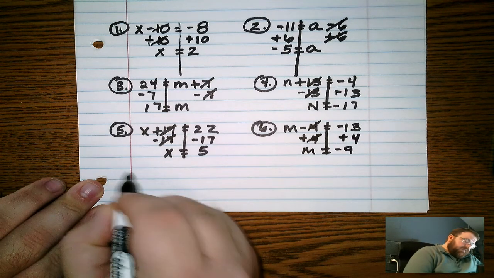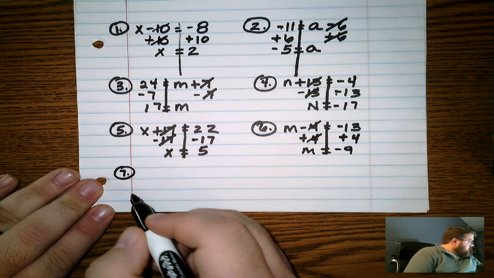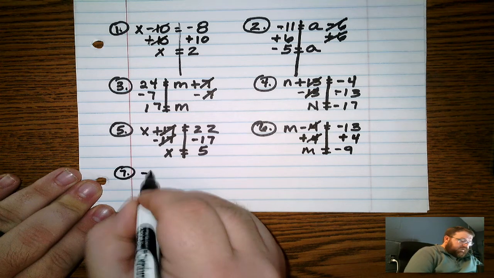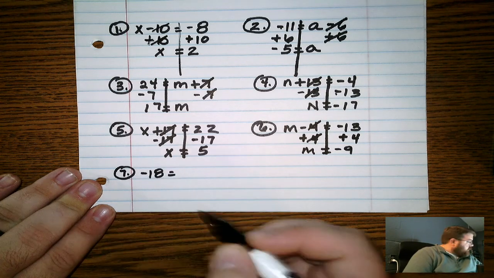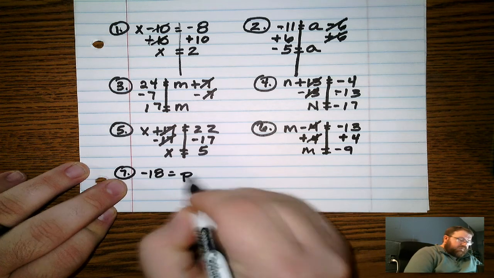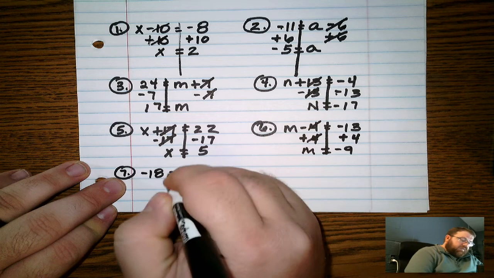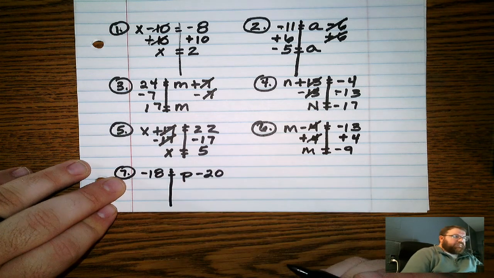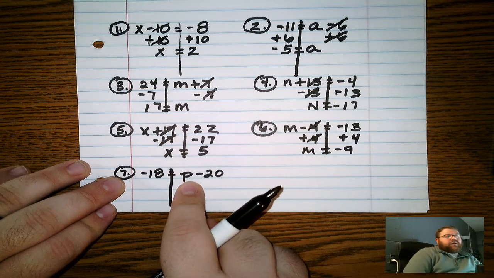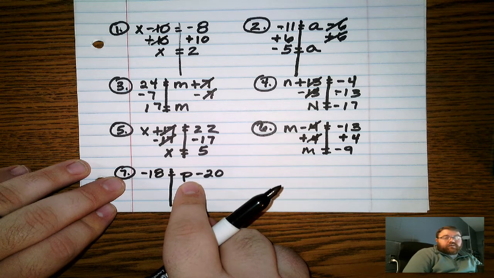Number 7 is negative 18 equals p minus 20. I'm going to draw my line, find my variable, ask myself what is being done to the variable.